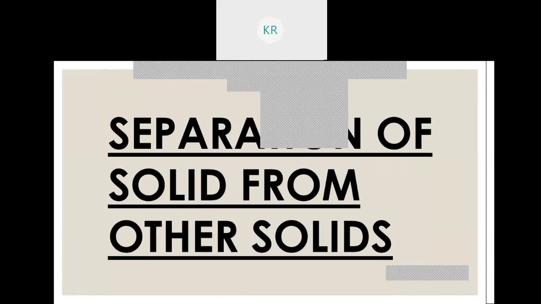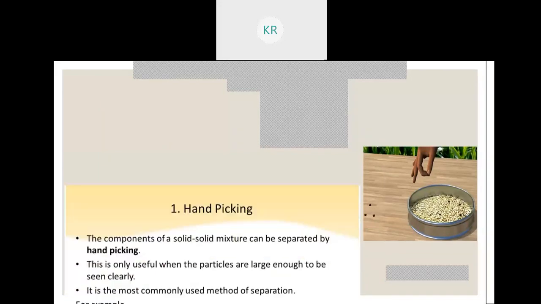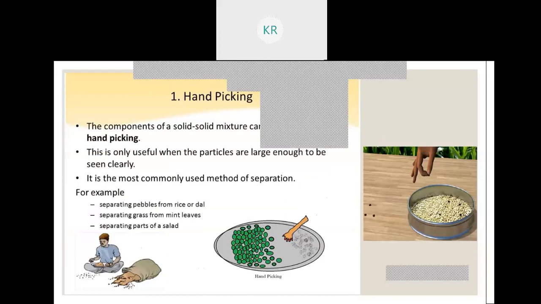The first method we are going to discuss, as the picture shows, is hand picking. Hand picking involves picking out substances by hand and separating them from others.